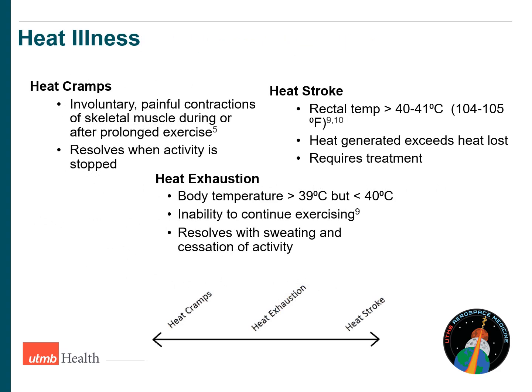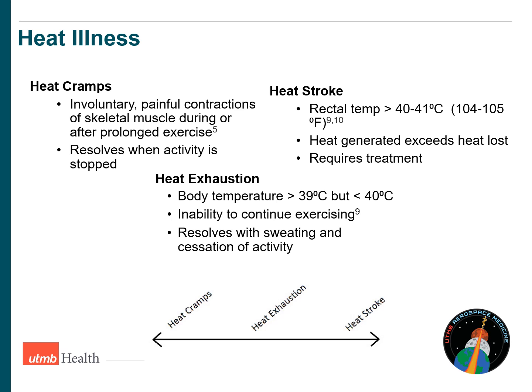Heat illness is a spectrum. The most mild form is heat cramps, which involve cramping of the muscles during or immediately after exercise. It is self-limited when exertion stops. Heat exhaustion is more serious and can occur at body temperatures above 39 but less than 40 degrees centigrade.